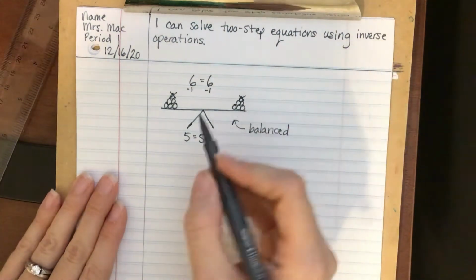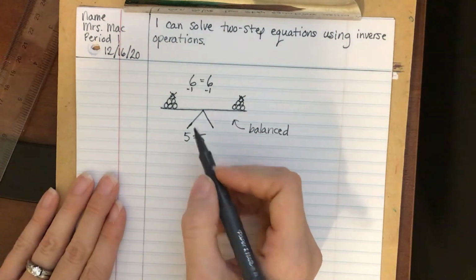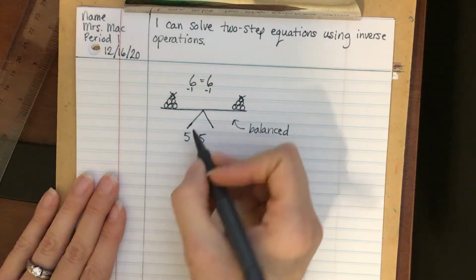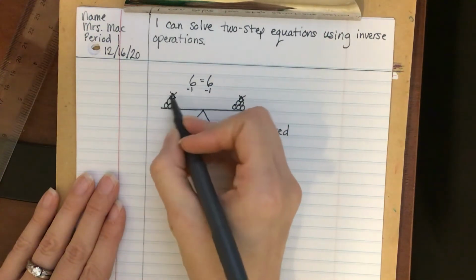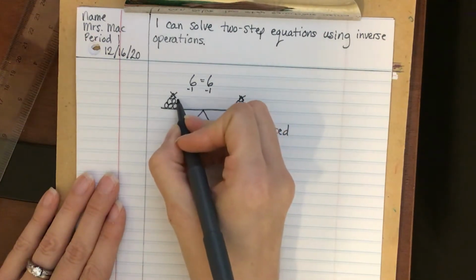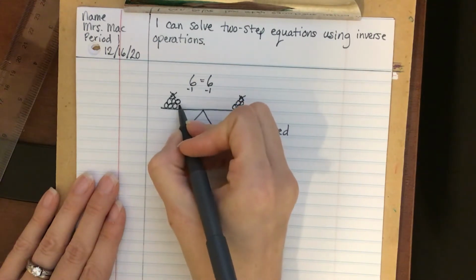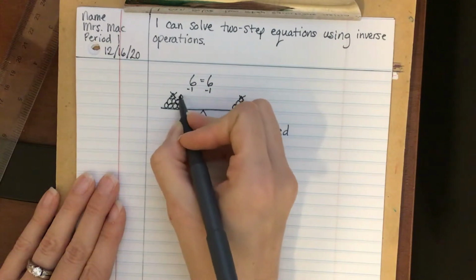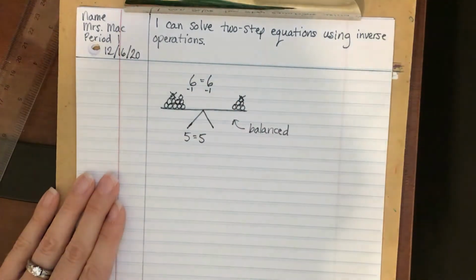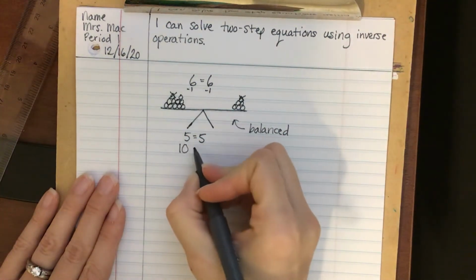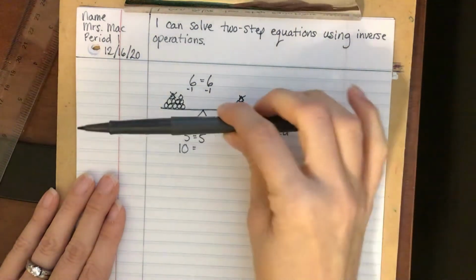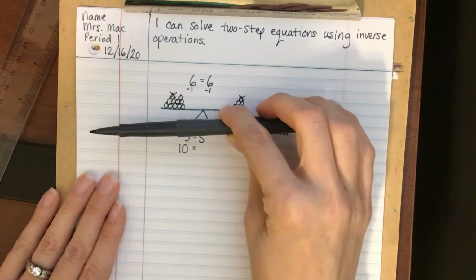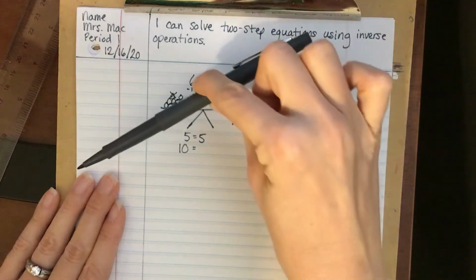Now what would happen if I doubled this side right here? Okay, so we double this. There's 5 there, so now we're going to make it 10. 2, 3, 4, 5. Okay, so now there's 10 there. So if I just did that to one side, then whoo, that scale is going to tilt up.